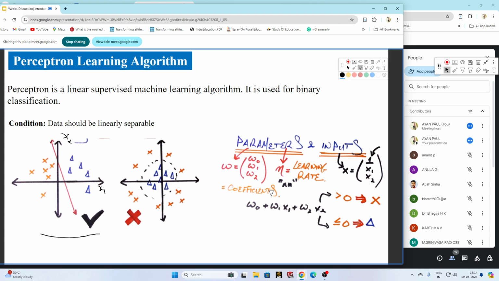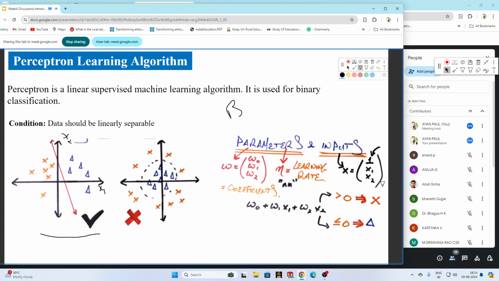Earlier we discussed coefficients with beta; here we are using w. There are three coefficients: w1 for x1, w2 for x2, and w naught. For w naught, the input that we use is 1. So this is the concept.